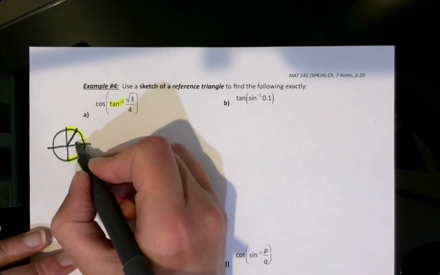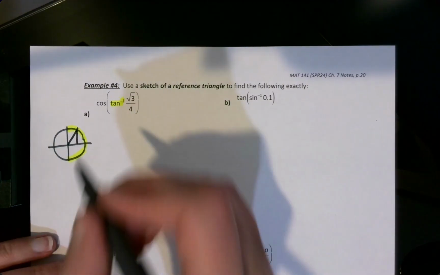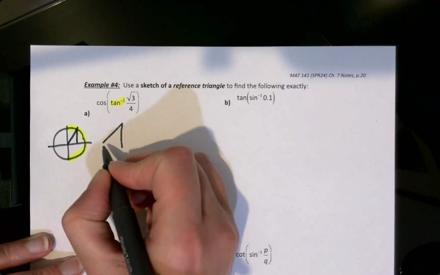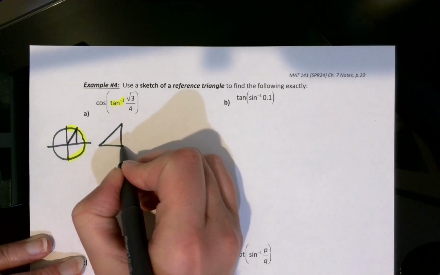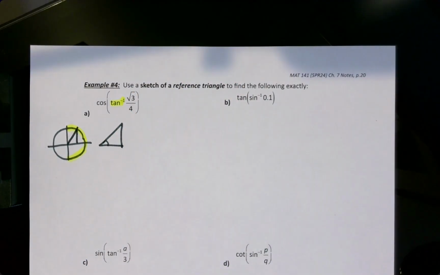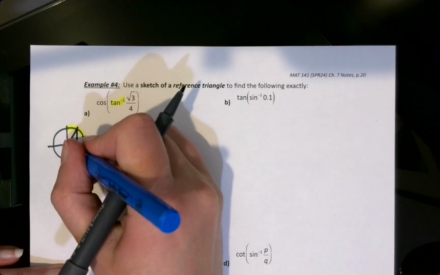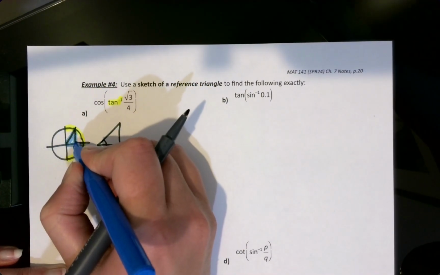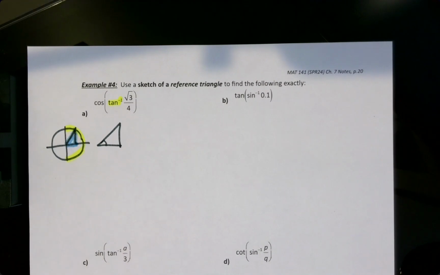So I'm imagining this triangle right here. And for this triangle that we're imagining, this is the triangle formed by this angle. I don't need to get a decimal version of this angle.